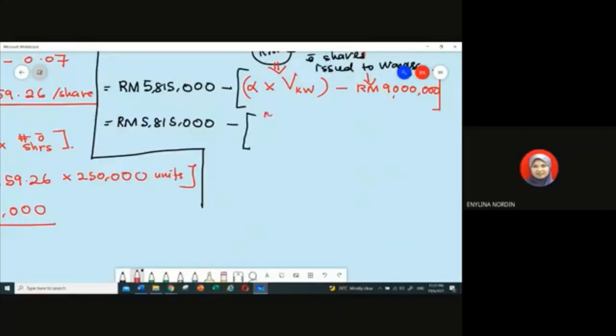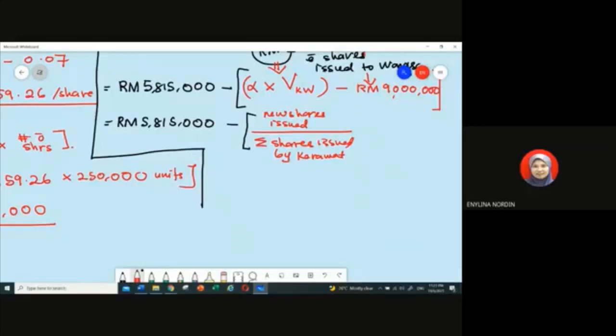The new shares issued by Keramat to Wangsa Setia, and you divide by total shares outstanding or issued by Keramat. After the acquisition, how many shares are issued now?